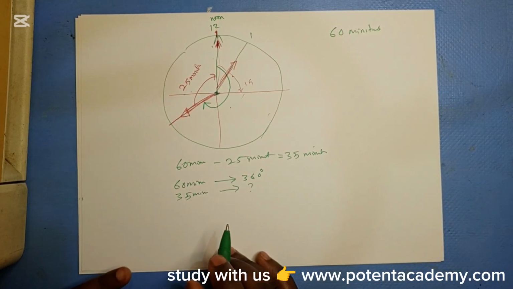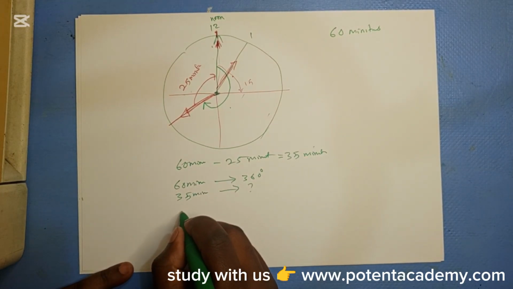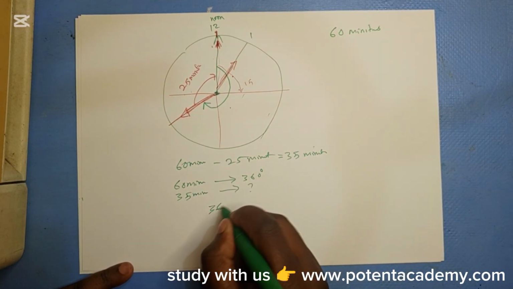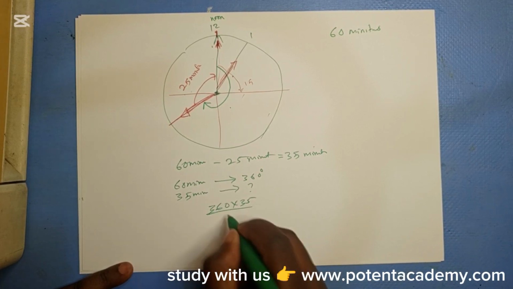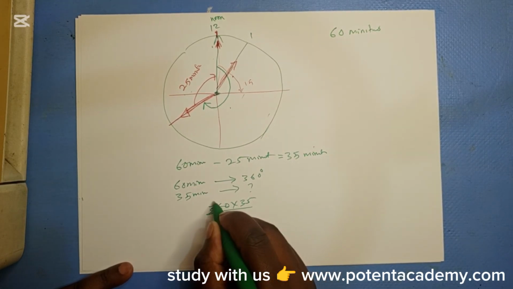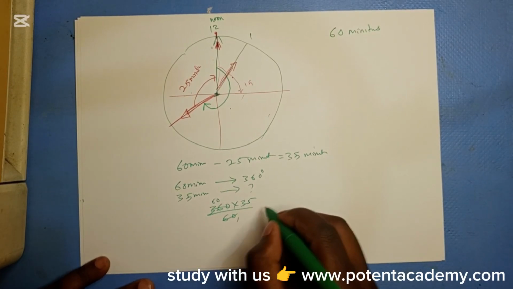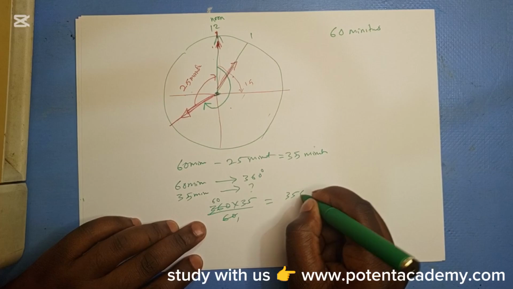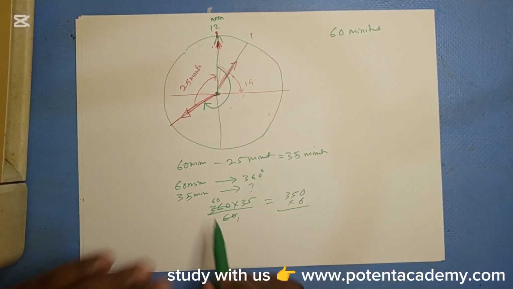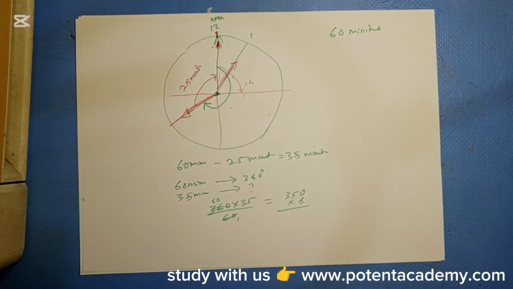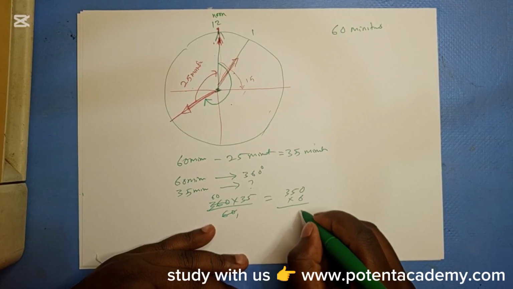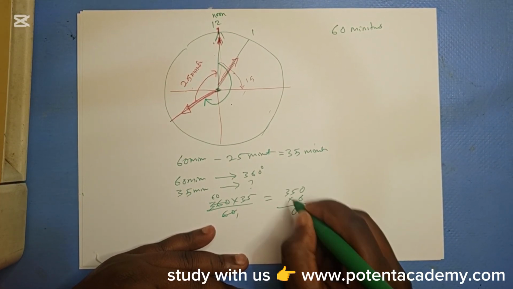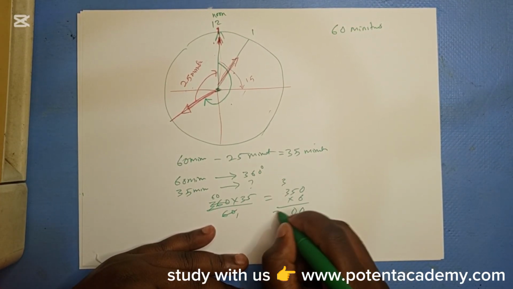What is the angle? There are two ways you can do this. First, you can say 360 times 35 over 60.